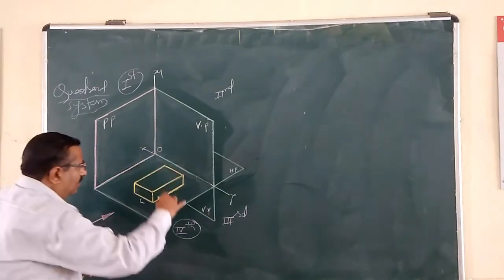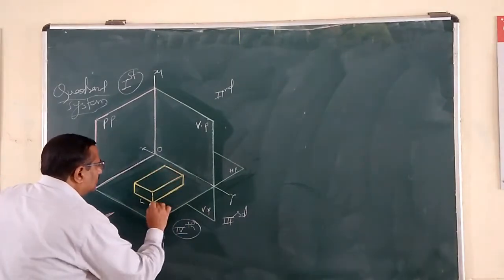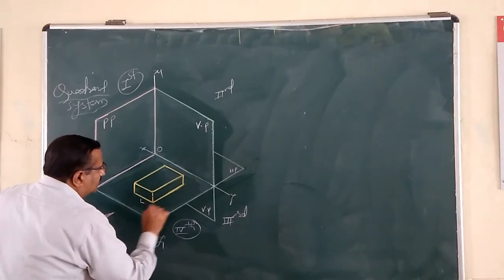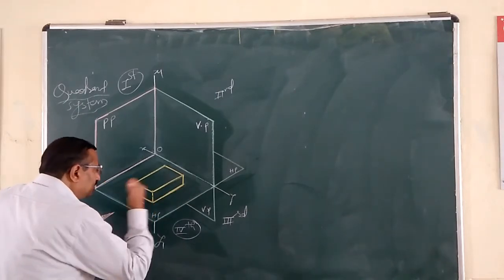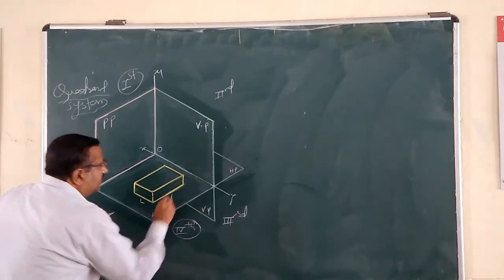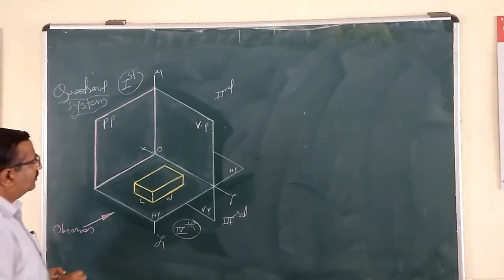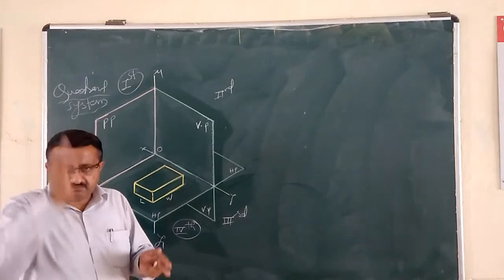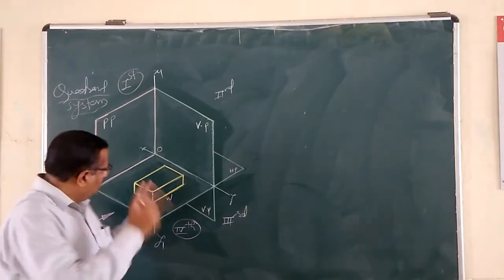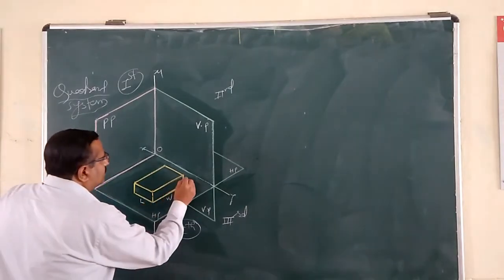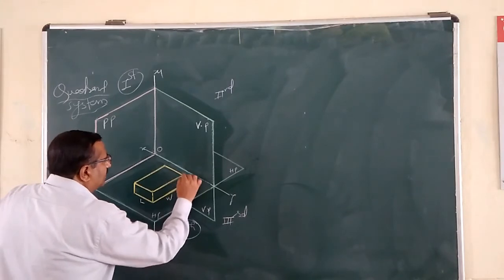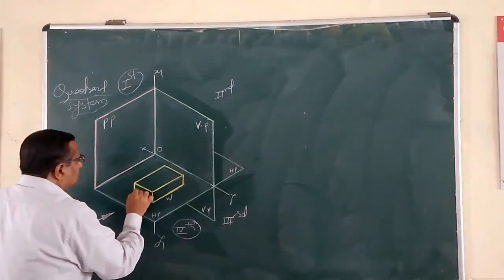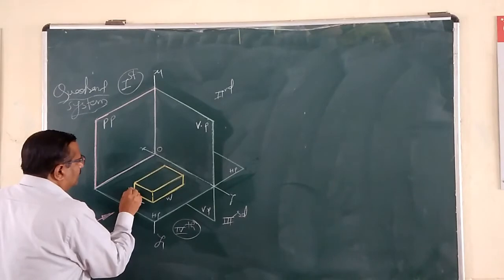And on this side, this distance should be termed the width of the object. Naturally, height is always expressed vertically. So this is vertical. This much distance is its height.